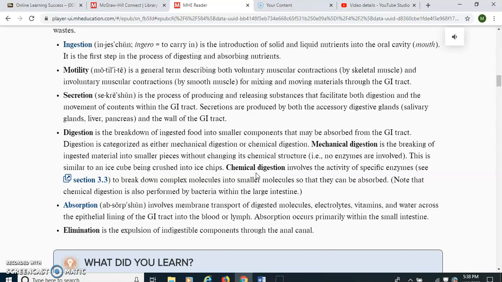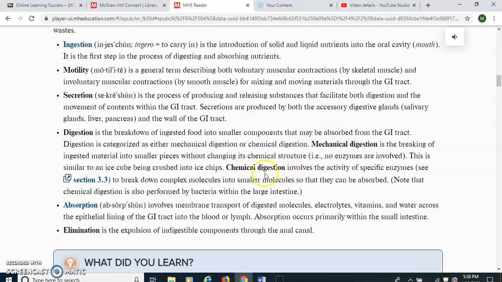And so anytime you have an enzyme associated with the digestion or breakdown, where it's actually breaking a chemical bond, we call that chemical digestion. So those 2 are both digestion, breaking down, but this one doesn't require enzymes, and this one does involve enzymes.